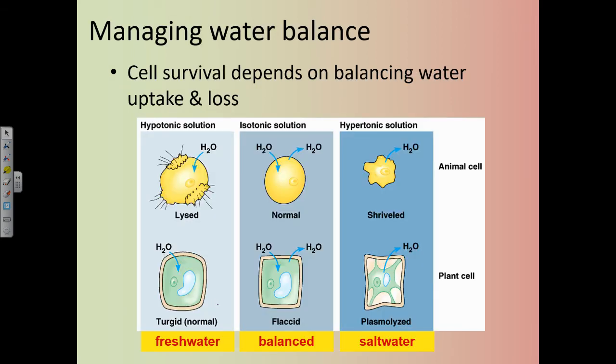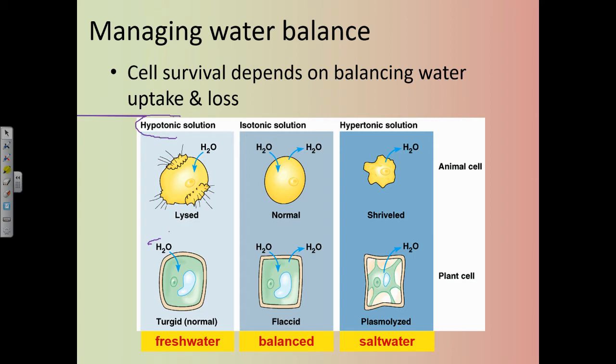So, an overall picture here: managing water balance. A cell's survival depends on balancing water uptake and loss. In other words, if a cell has to take up water, there's a certain way it has to do that to maintain balance, or if it has to get rid of water to maintain balance.